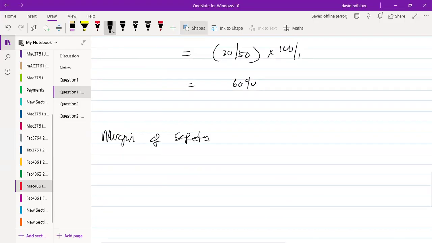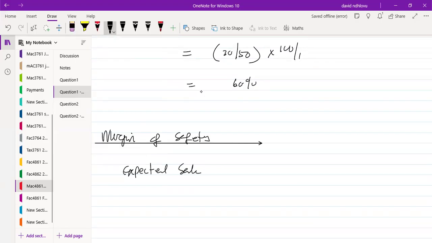If the question asks for the margin of safety, remember it's your expected sales less the break-even sales.